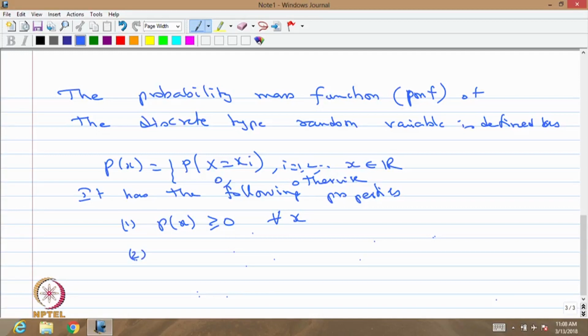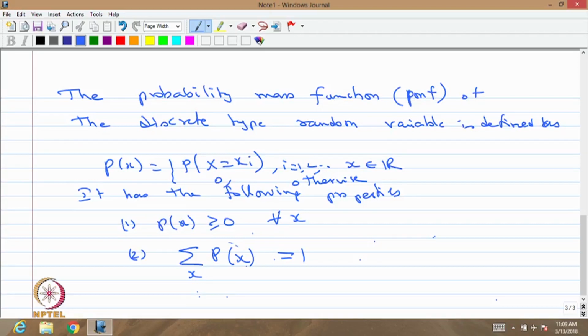The second property, if you add all the values of P of x equal to xi, the summation of P of x will be 1. Always the probability mass function satisfies these two properties. It is greater than or equal to 0, and the summation over x is going to be 1.